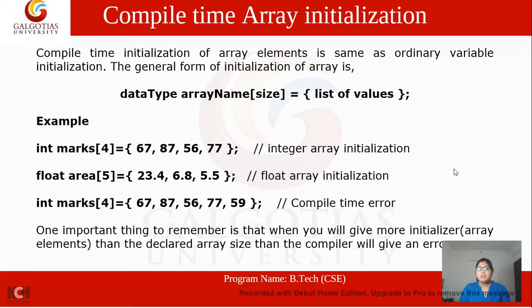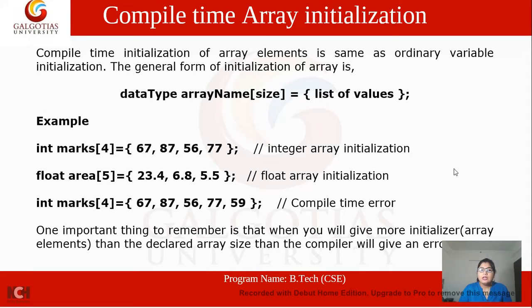After the assignment operator, in the curly braces, we have written 4 values of integer type: 67, 87, 56 and 77. So this is an integer array initialization, because the list of values contains integer values.